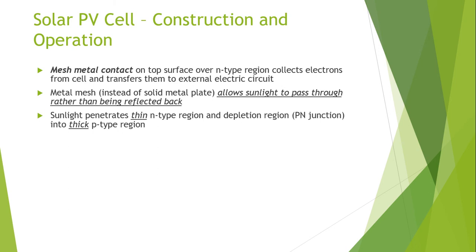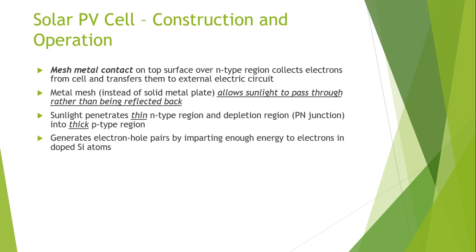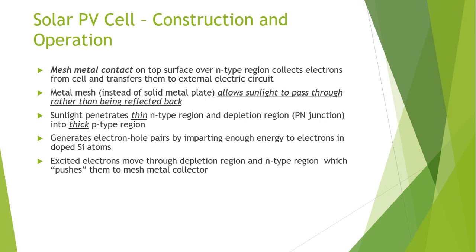So the sunlight penetrates the thin N-type region and the depletion region PN junction into the thick P-type region, which generates electron hole pairs by imparting energy to electrons in the doped silicon atoms.